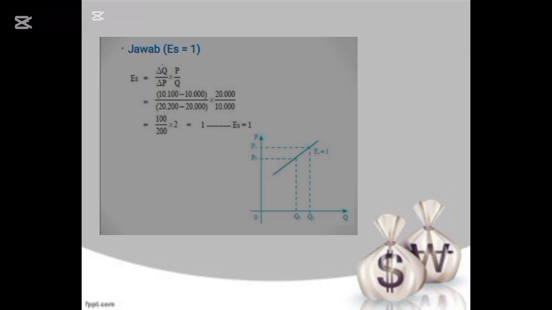P, 20,000 divided by Q, 10,000 is 2. 100 divided by 200 times 2 equals 1. So we can see the unitary elastic supply curve, ES is equal to 1.